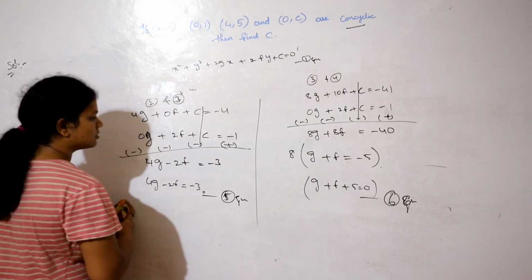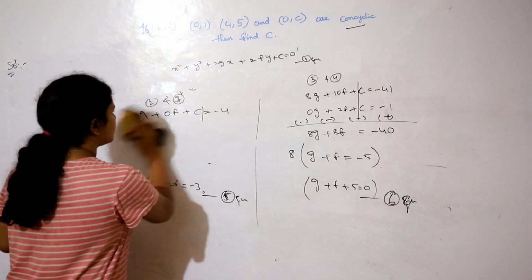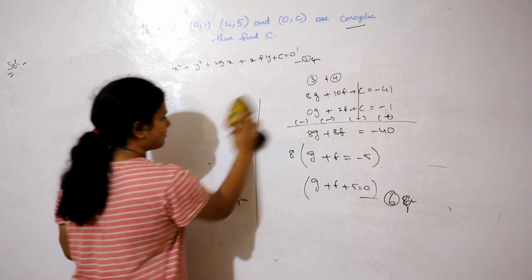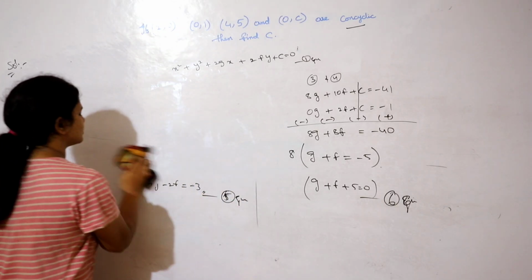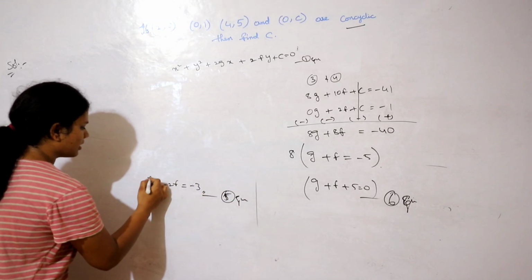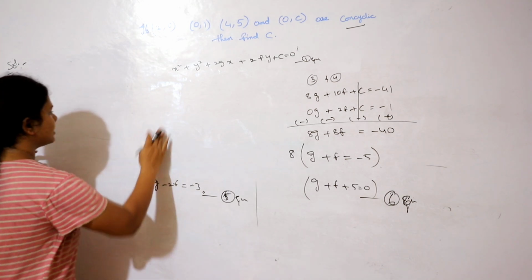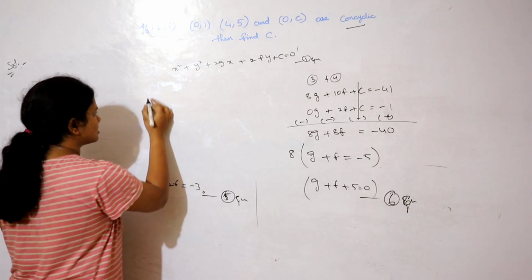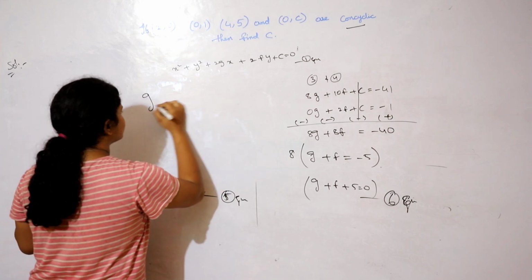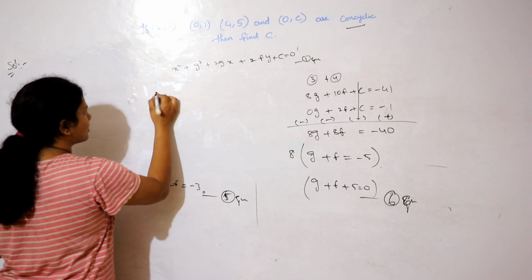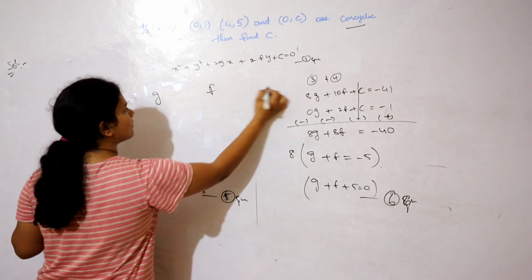So let us find out g and f values from the 5th and 6th equation. So how can we find out the g value and f value? So here's the process, guys. It's nothing but the cross multiplication. Let us write down over here g, f and 1.